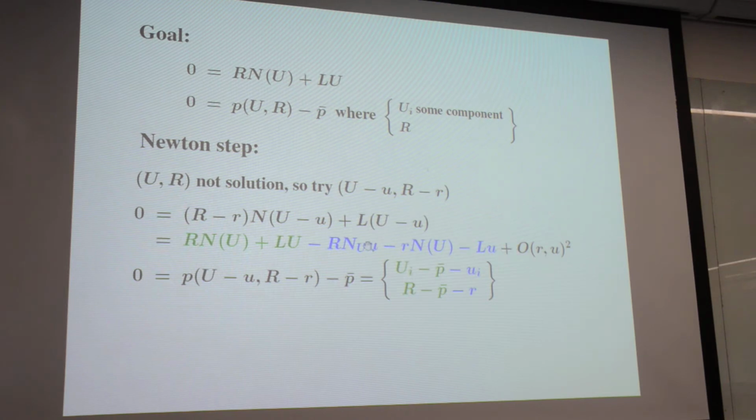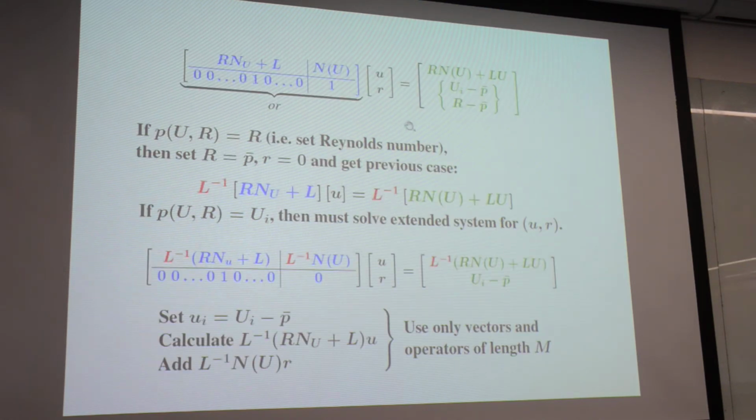And so our Newton's equation to be solved, we're supposed to find the little u and the little r which satisfy this equation, as well as the linearization of this equation. So whereas before we were merely having matrix times little u equals right-hand side, now we have matrix times little u plus the unknown little r.